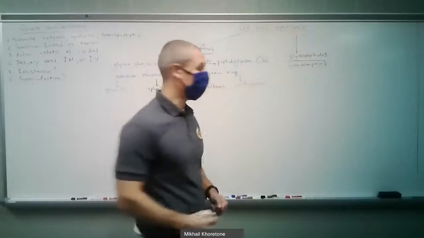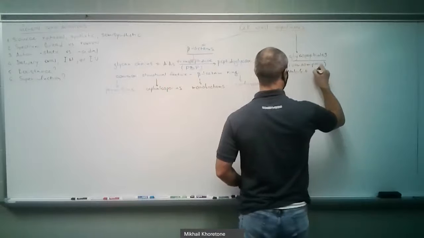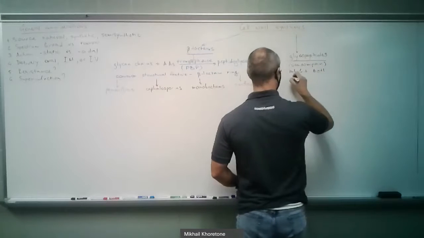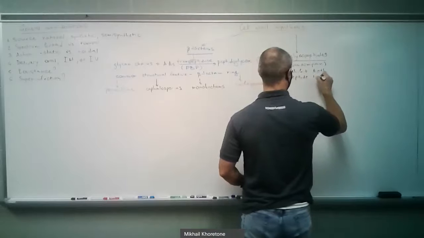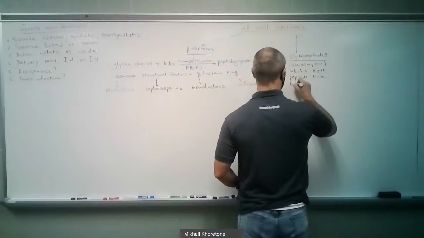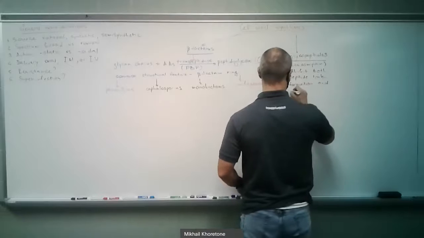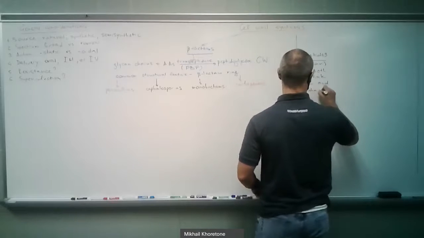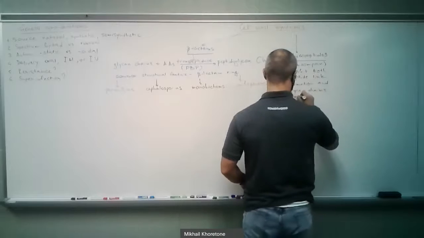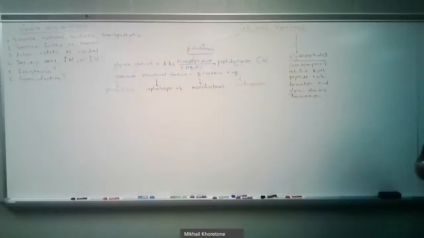So glycopeptides inhibit both peptide link formation and glycan chains formation. Okay.